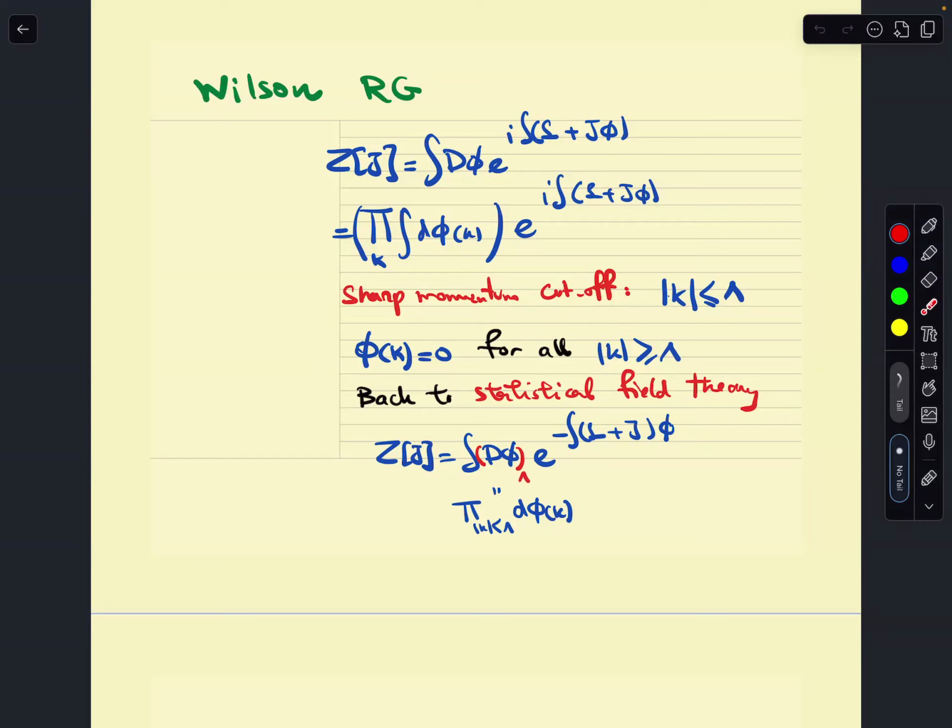So what we're going to do is put a sharp Euclidean momentum cutoff. Instead of integrating over all momenta, we're only going to perform the integrals for the values of the momenta that are below some UV cutoff, lambda. That's equivalent to saying that we're going to set the field values for k above the cutoff to 0.